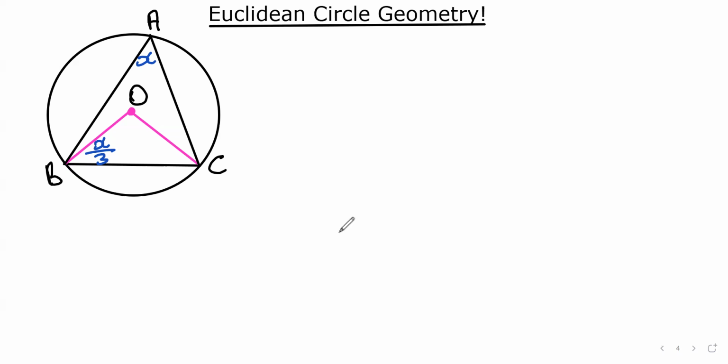Angle OBC is equal to angle OCB. And what's the reason, sir? It's opposite sides equal angles. Yes, sir. Opposite sides equal angles. Are you sure, sir?